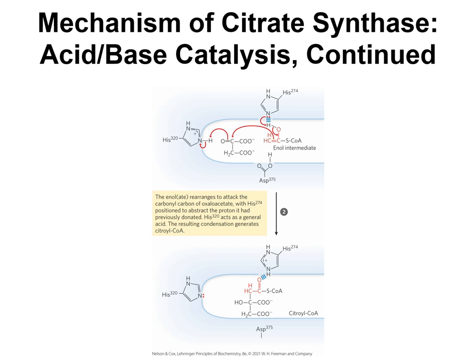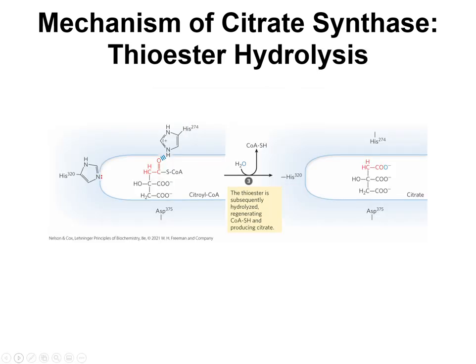And we need to release some kind of a citrate molecule, because right now what we have is citryl-CoA. That's not good enough. So we need to get rid of this CoA. The way that we do that is with water.